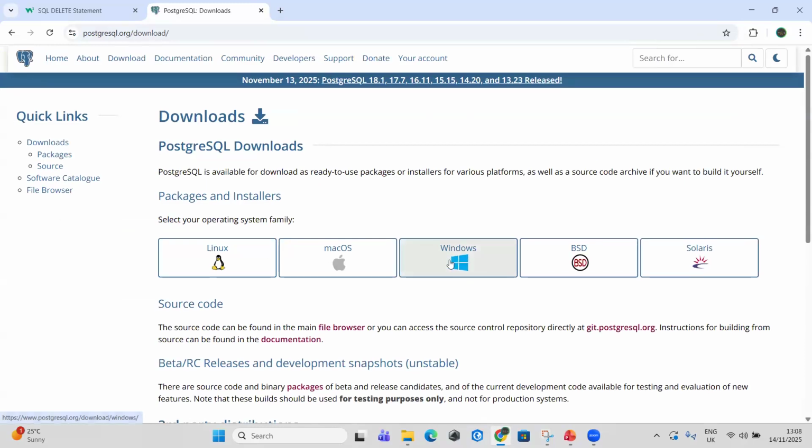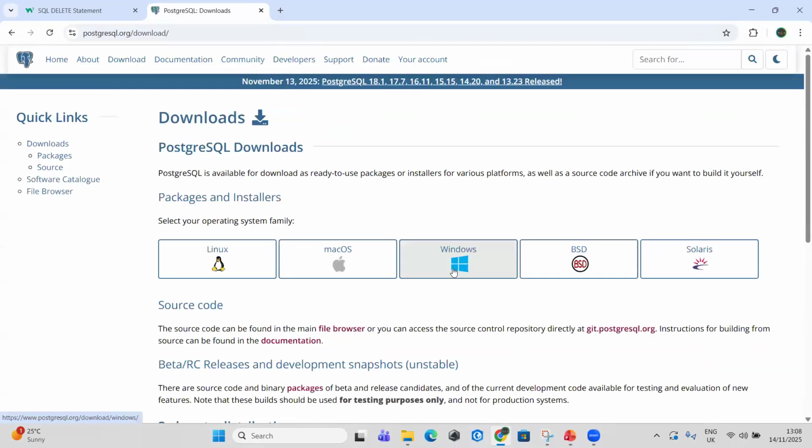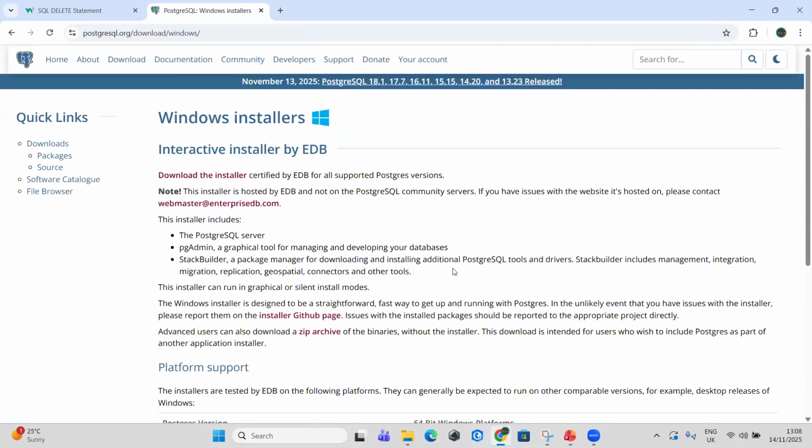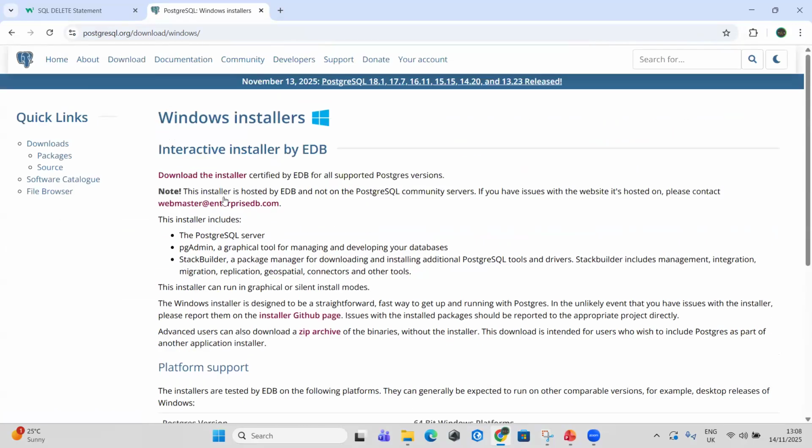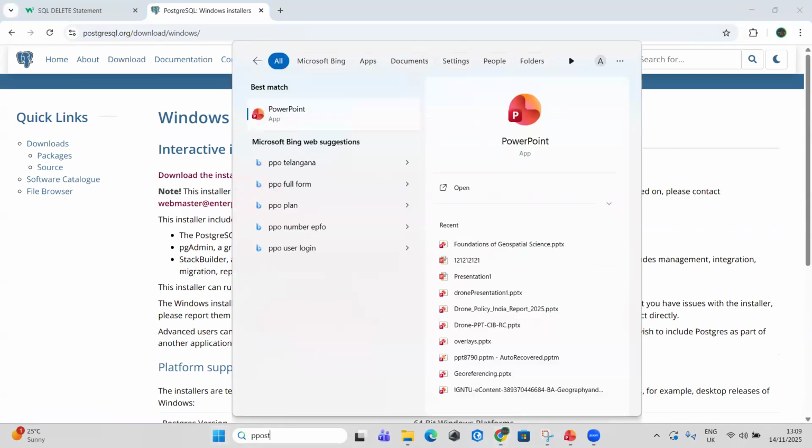Download for Windows. Where is the installer? I think I already have it.